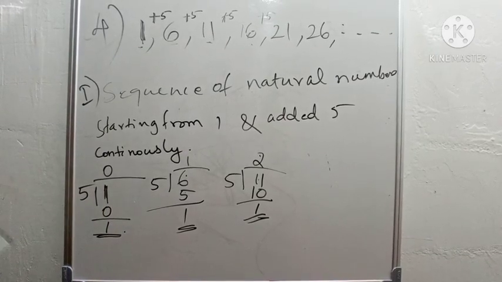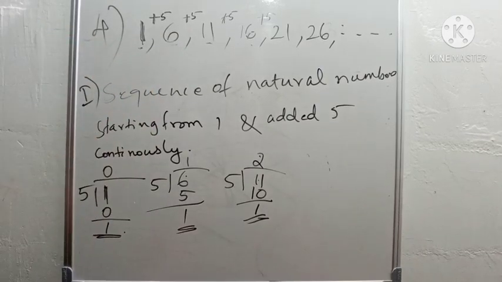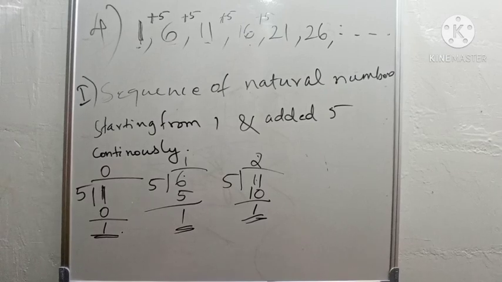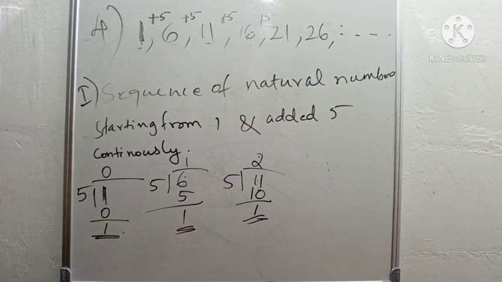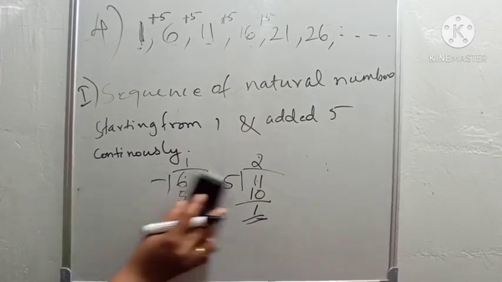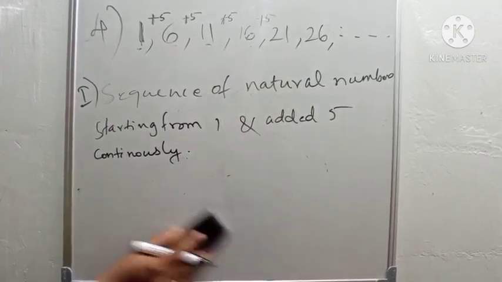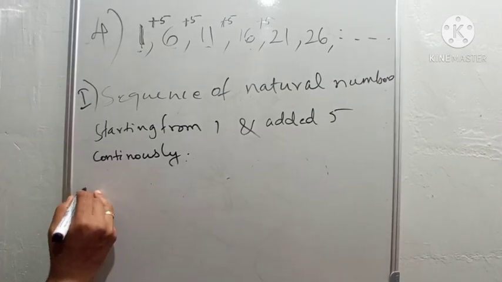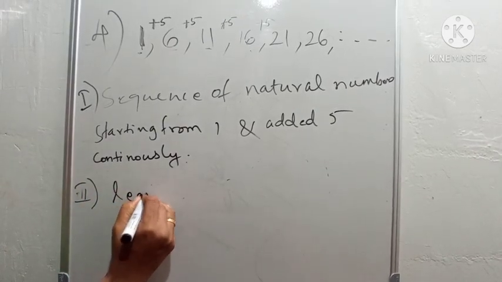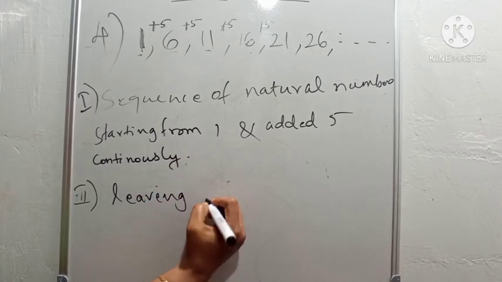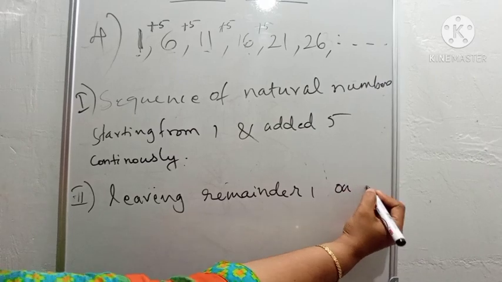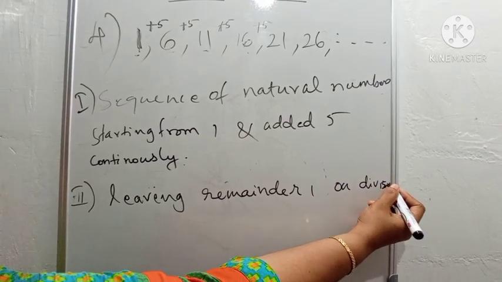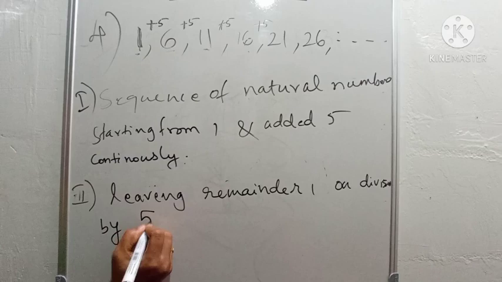So the second way of describing this sequence is that the numbers in this sequence leave a remainder 1 on division by 5.